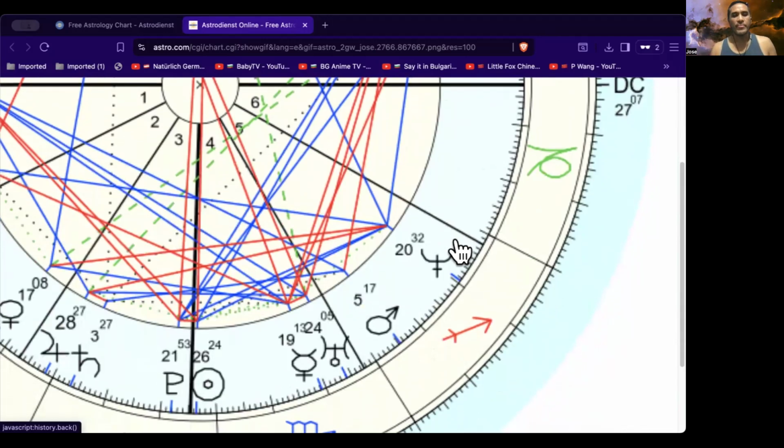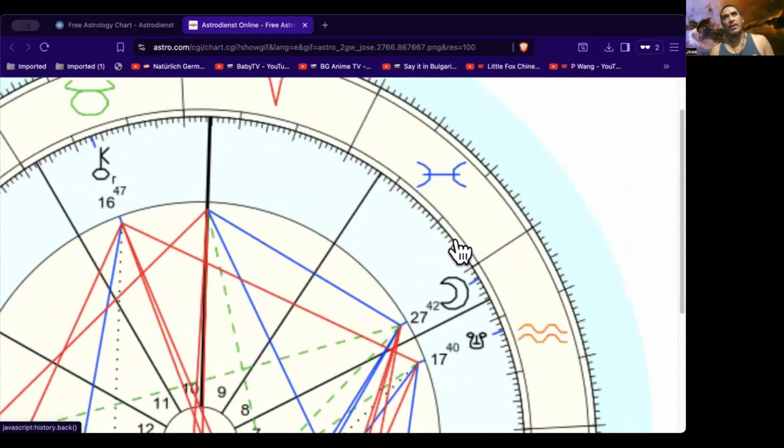There are other points too, like the Part of Fortune. It's used in Arabic astrology from a long time ago, I think approximately 3,000 years ago.